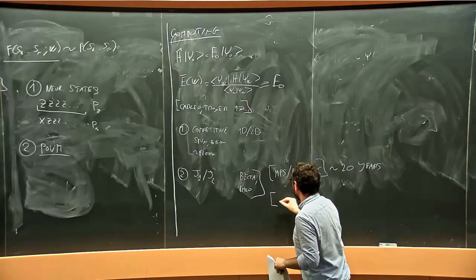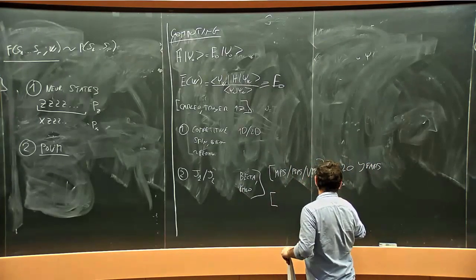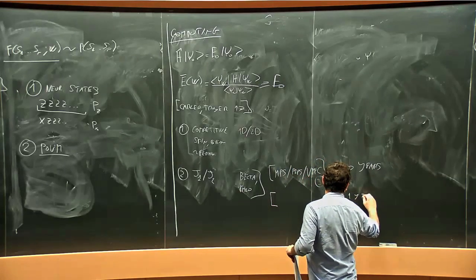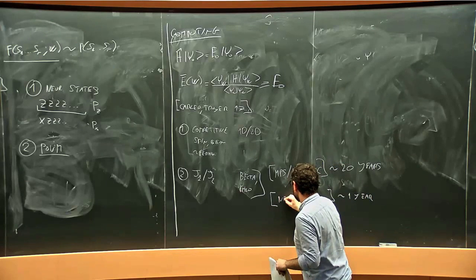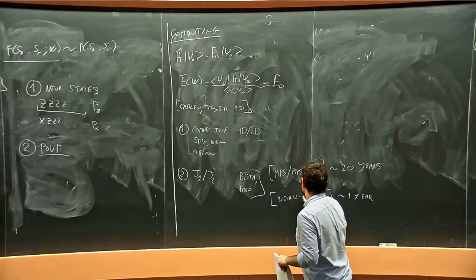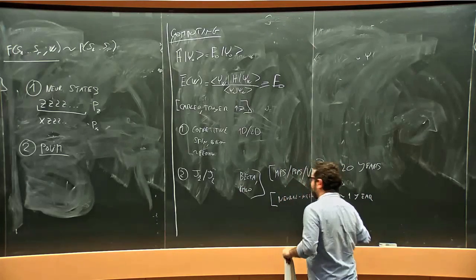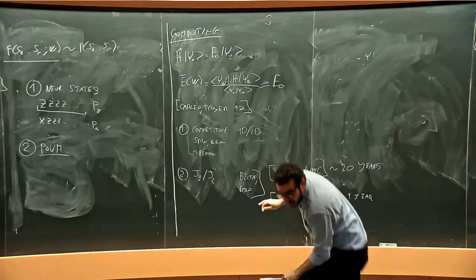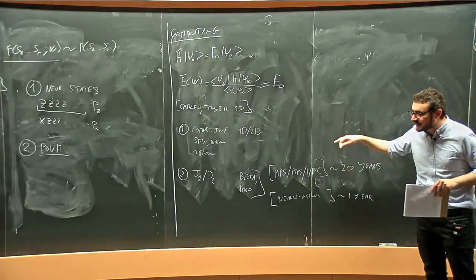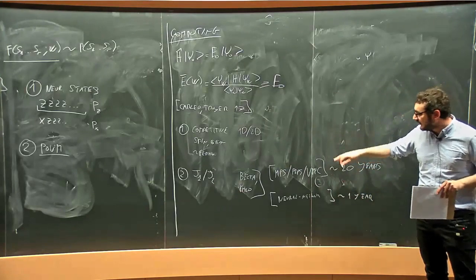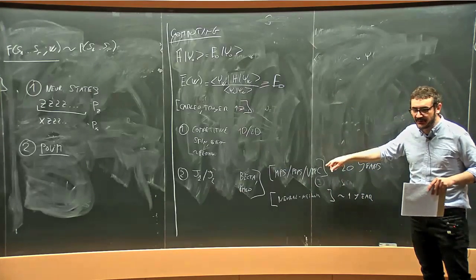So basically, in the span of maybe a year, we've shown that these neural network states are already competitive with the state of the art developed in the past 20 years, and in some cases they can even improve the properties that people have found with these other techniques.